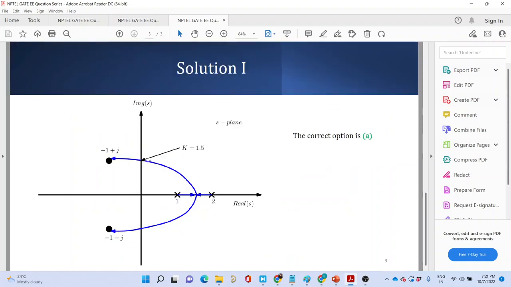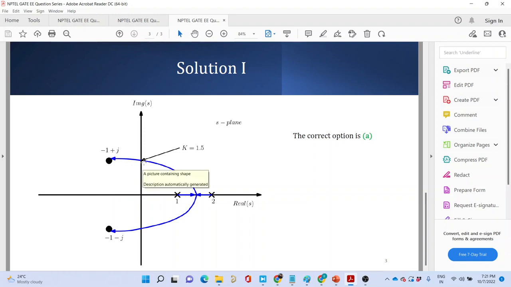So the root locus would look something like this. It starts from open loop poles, and then it goes to the open loop zeros. It starts from the right hand side of the S plane.